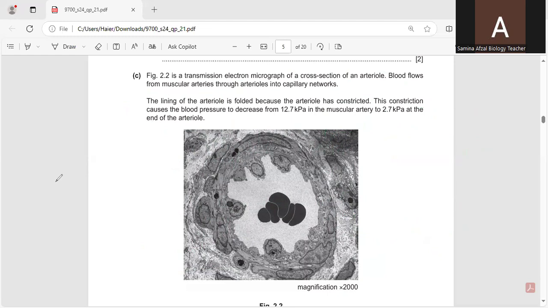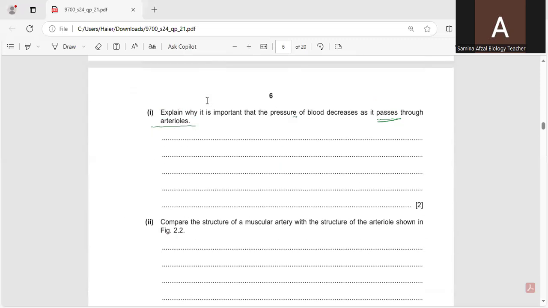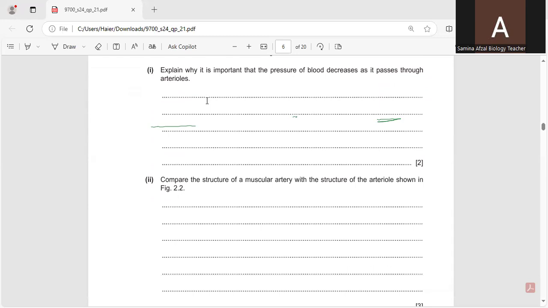This constriction causes the blood pressure to decrease from 12.7 kPa in the muscular artery to 2.7 kPa at the end of the arteriole. Now you can see the picture. Now we are moving towards the question. Explain why it is important that the pressure of blood decreases as it passes through the arterioles.